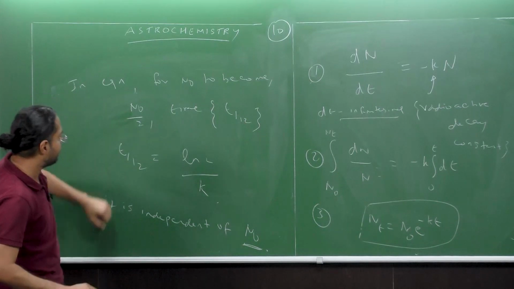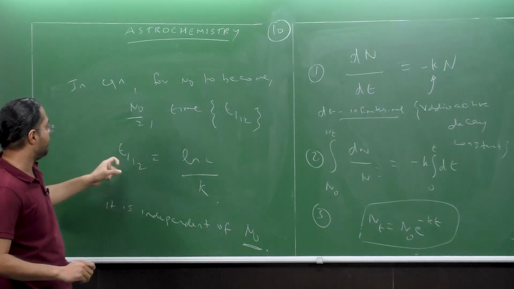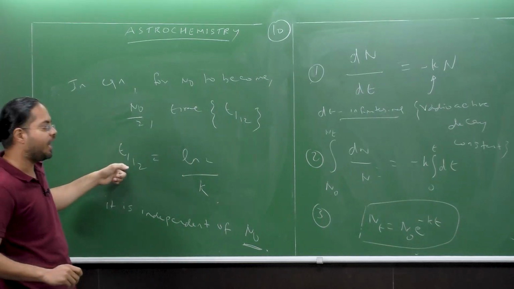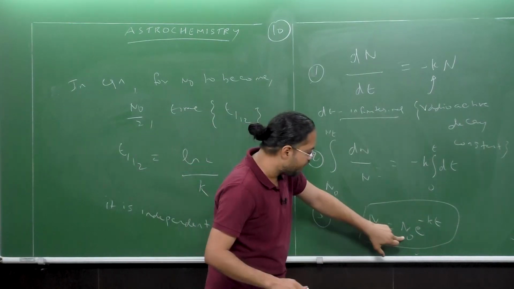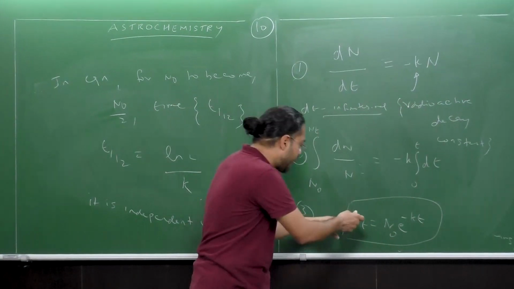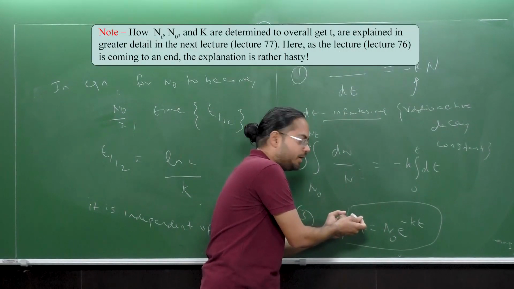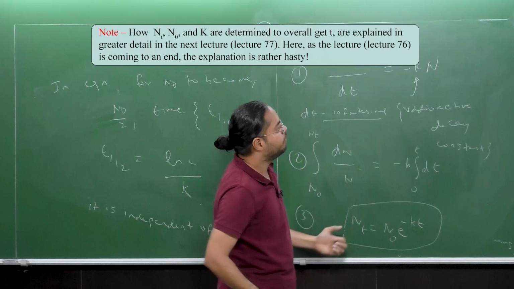Because your t half is independent of N naught, once you determine t half, you can determine your N naught. Once you determine N naught, currently you can calculate Nt. The Nt could be calculated from the current time.